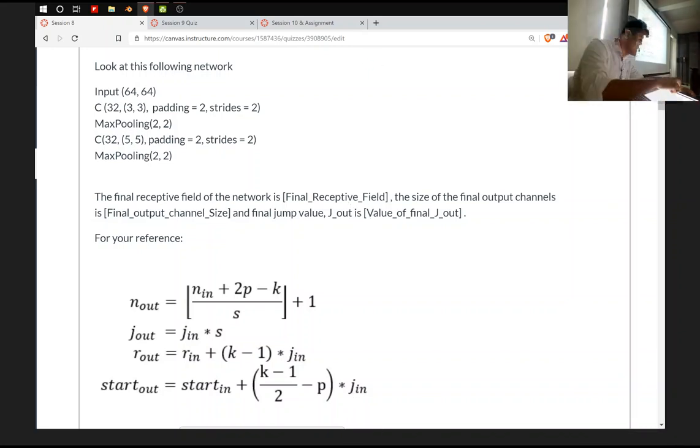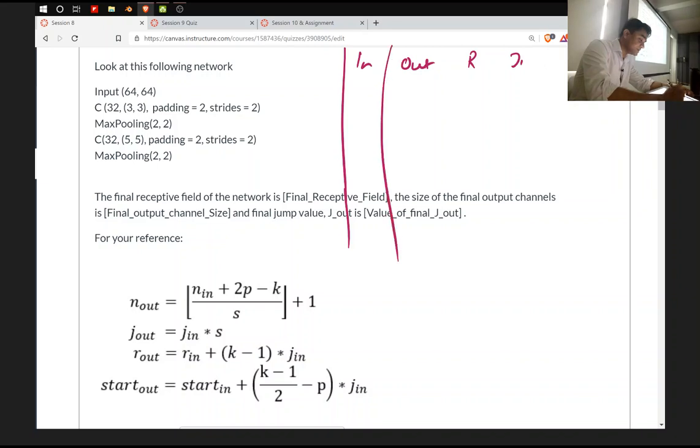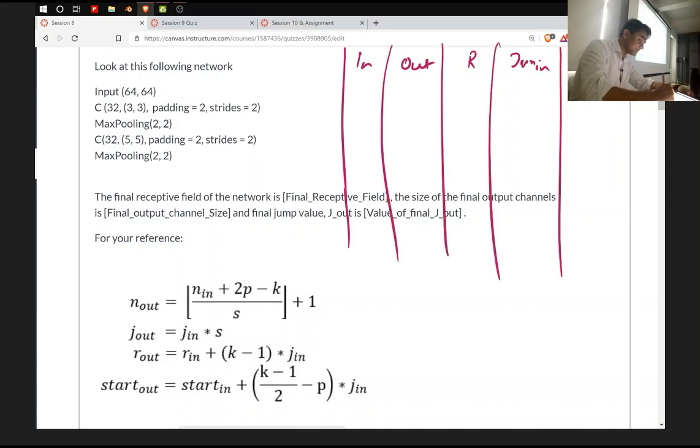I'll write input, then output, then receptive field, then my jump in. First we are doing 32, then stride of 2 and then padding of 2. We are writing kernel, padding and stride.